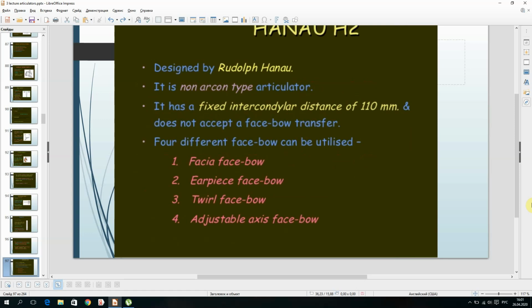Hanau's H2, designed by Rudolph Hanau, is an Arcon-type articulator. It has a fixed intercondylar distance of 110 mm and accepts a face-bow transfer. 4 different face-bows can be utilized: fascia face-bow, earpiece face-bow, twirled face-bow, adjustable axis face-bow.